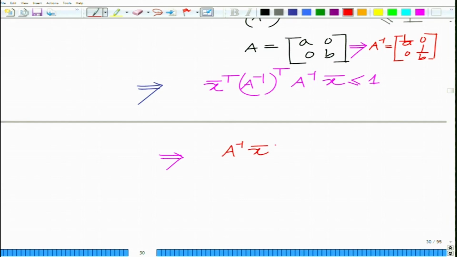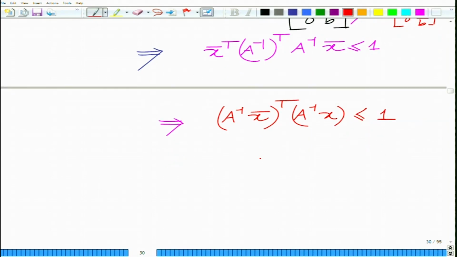Now, the above inequality can be written as A inverse x bar transpose into A inverse x bar less than or equal to 1, and you can clearly see the vector transposed times itself is nothing but the norm of the vector squared. That is, if u bar is a vector, we have already seen that u bar transpose u bar is basically norm u bar square.